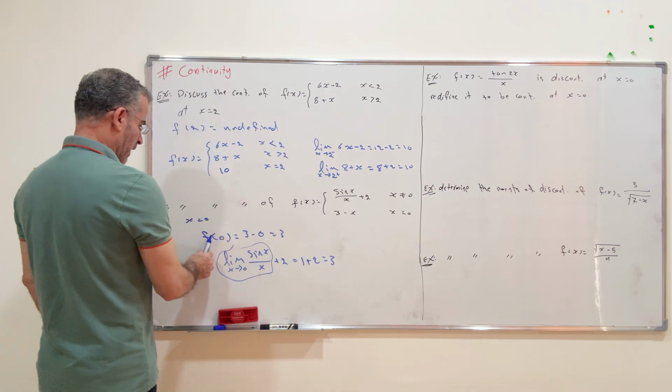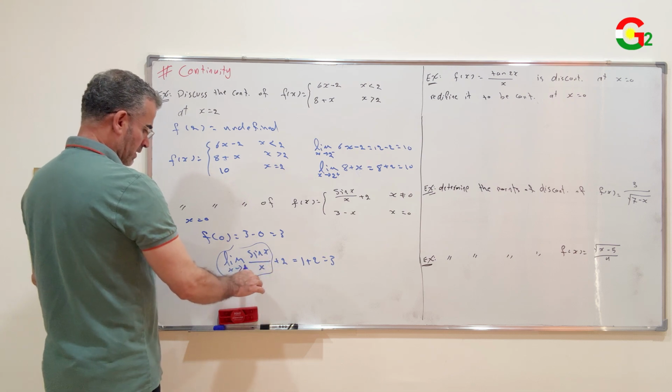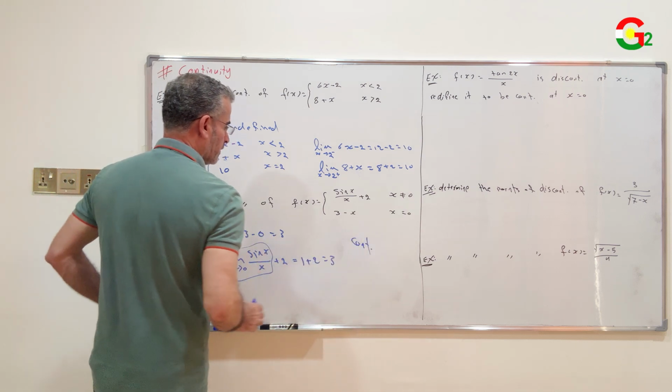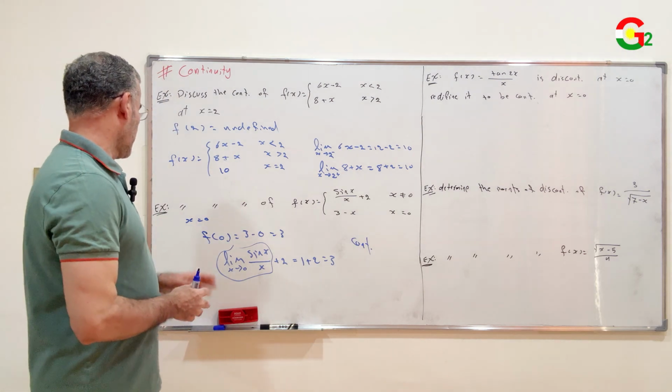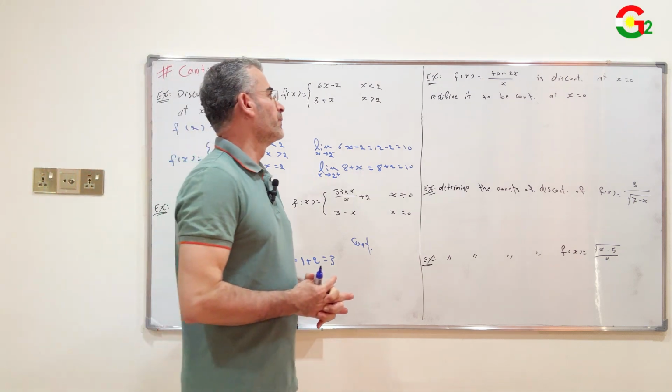Therefore, the value of the function at 0 equal to the limit of the function when x approaches 0, then this function is continuous at x equal 0.